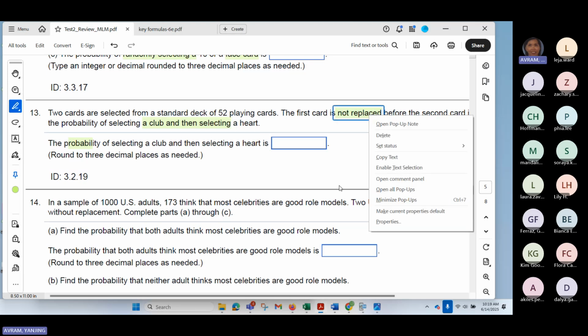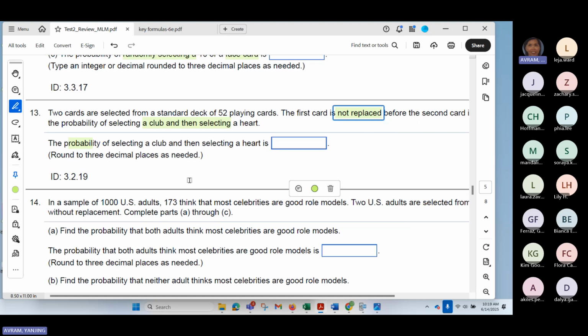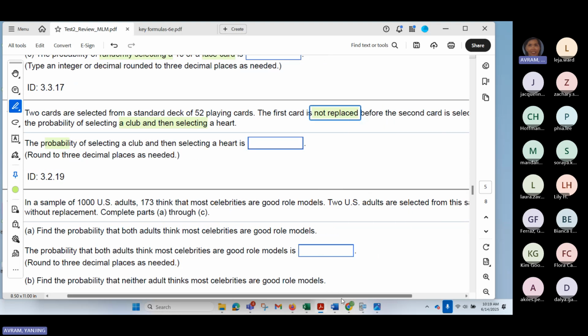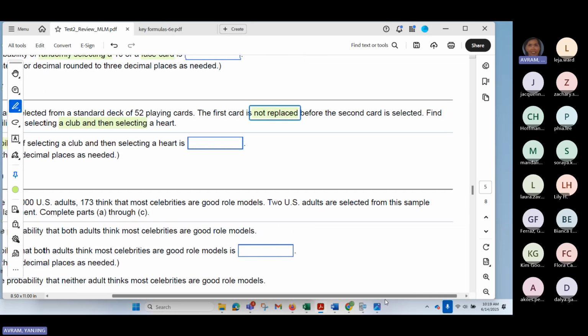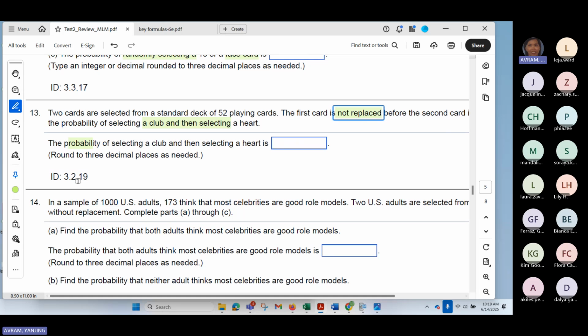Remember, the card is not replaced. Okay, the card was selected from this one. The first card is not replaced before the second card is selected. All right. So find the probability of selecting a club and then selecting a heart. So this is an AND.